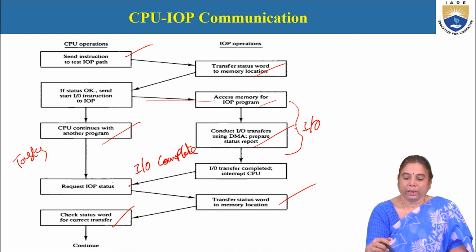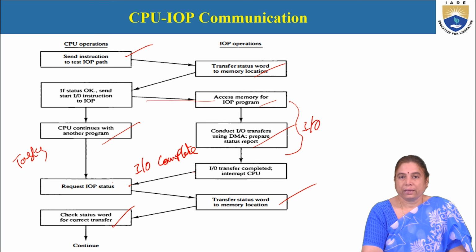After completion, it acknowledges to the CPU that the I/O transfer is completed, so that the CPU can execute the pending tasks. So the IOP makes a request and the service is granted, like the client-server communication that is activated between the CPU and the IOP.